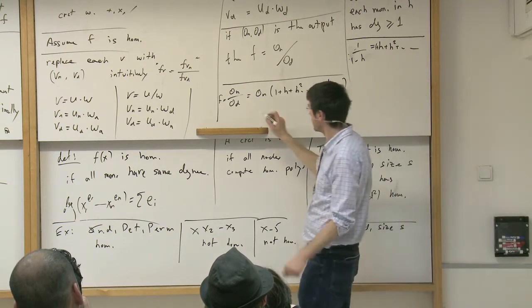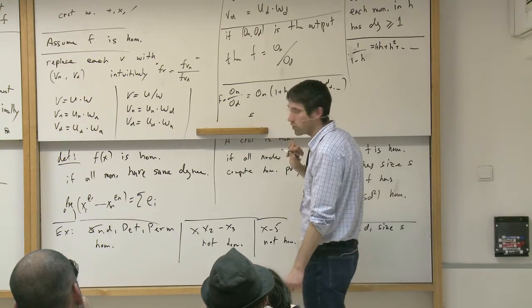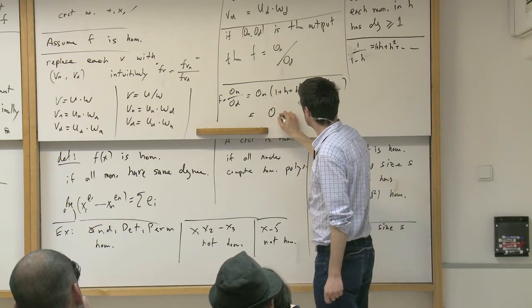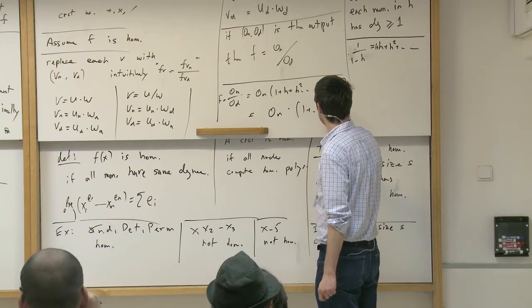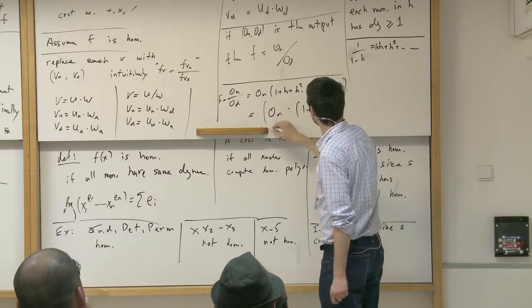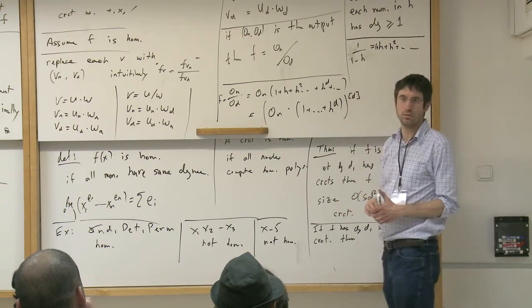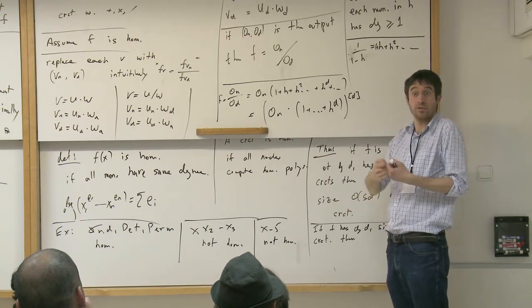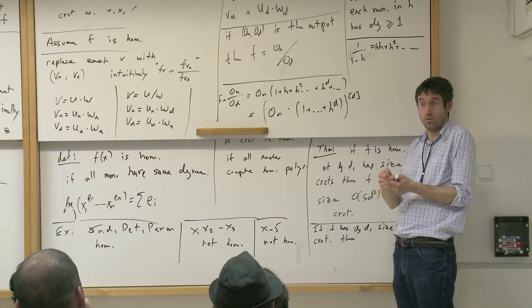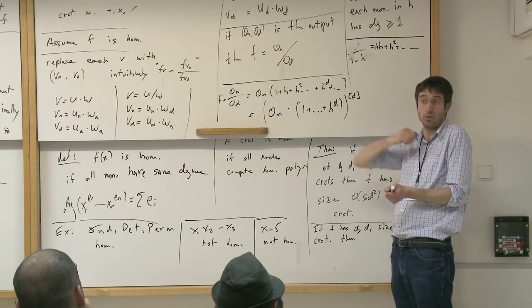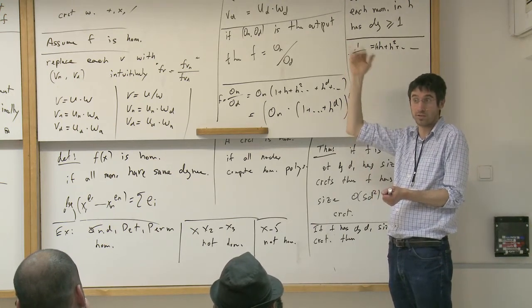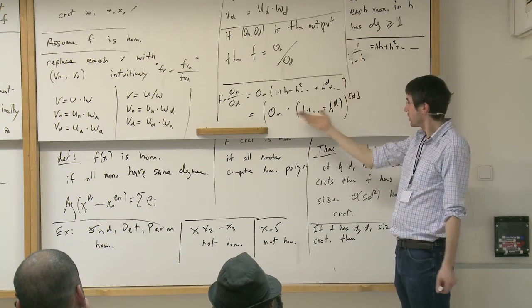So basically what I claim is that F also equals ON times 1 plus h plus up to h to the d, and for this you compute the d homogeneous part, right? Because F is homogeneous, so you only need the degree d homogeneous part. You can throw away all monomials of degree larger than d. And that's great, right?